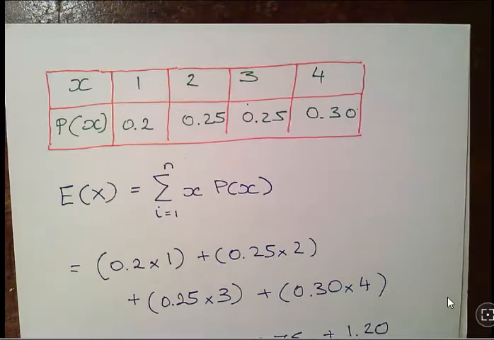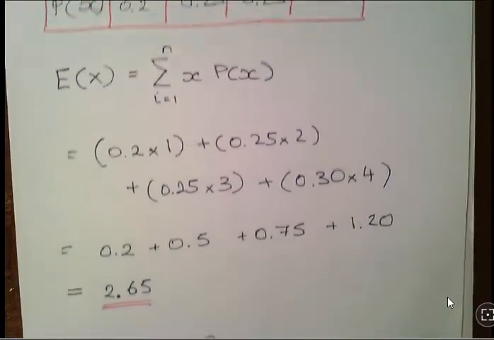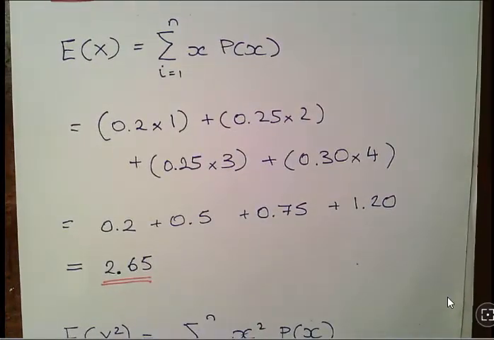Working it out, I get 0.2 plus 0.5 plus 0.75 plus 1.20. Add them all up, and I get 2.65. So the expected value of x is 2.65.